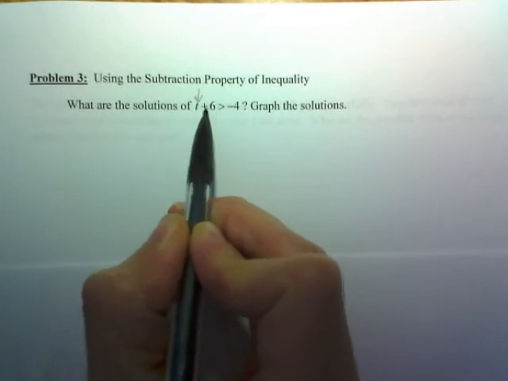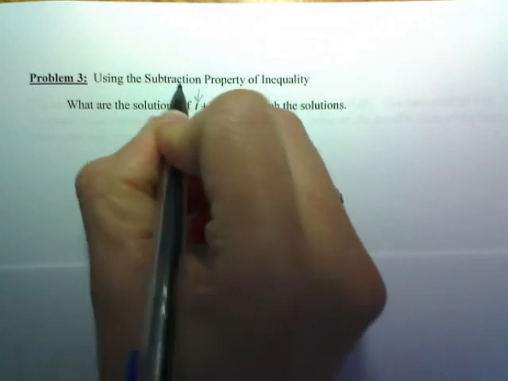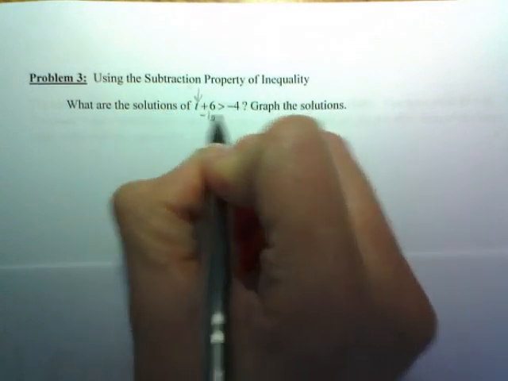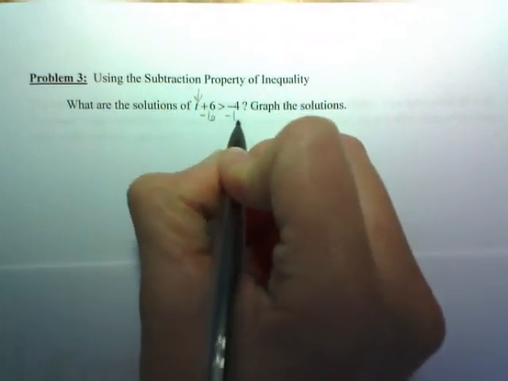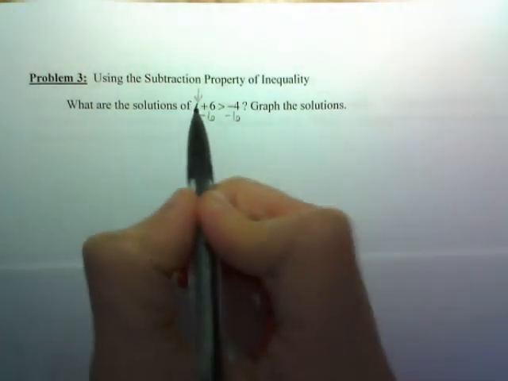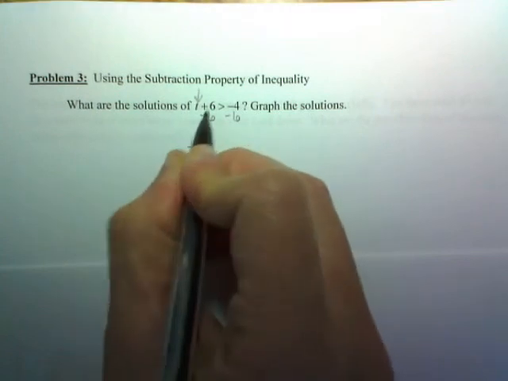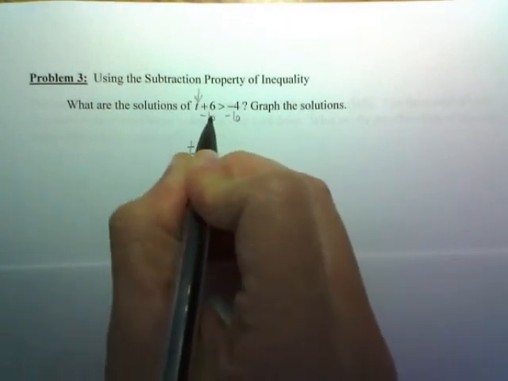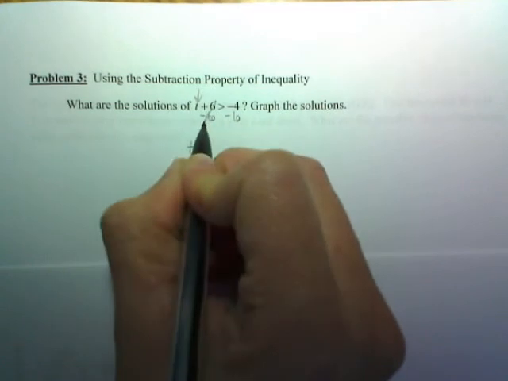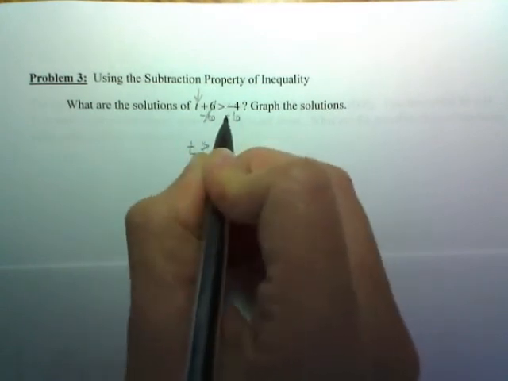So the inverse of adding 6 is to subtract 6. And the subtraction property of inequality says if you subtract 6 from both sides, you're going to have an equivalent inequality. I have my t that I have not disturbed, and positive 6 and negative 6 gives me 0, so I'm left with t greater than -4 minus 6.